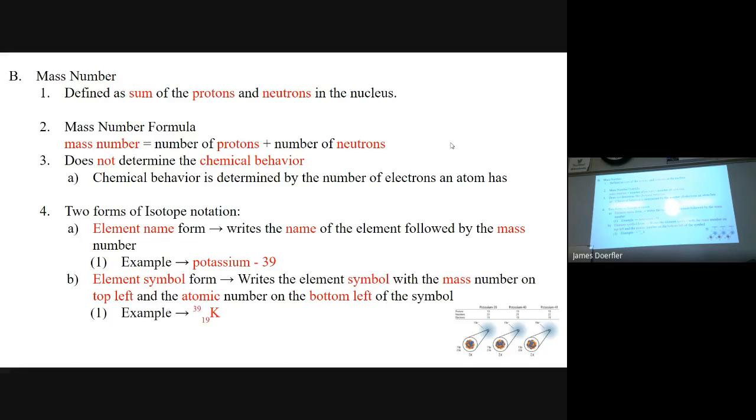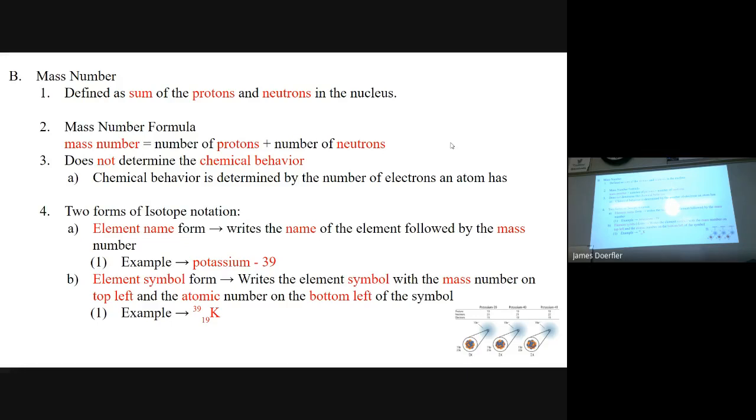You then write the mass number for that particular isotope in the top left of the symbol, and then write the atomic number at the bottom left of the symbol.